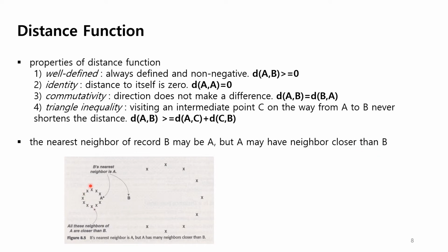If you look at this picture here, A is the nearest neighbor of B, but B is not the nearest neighbor of A.